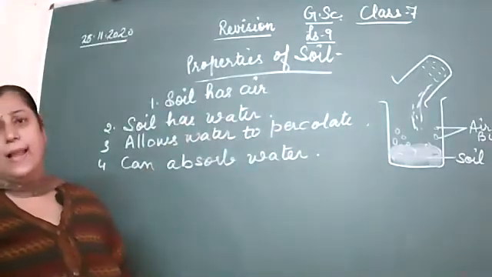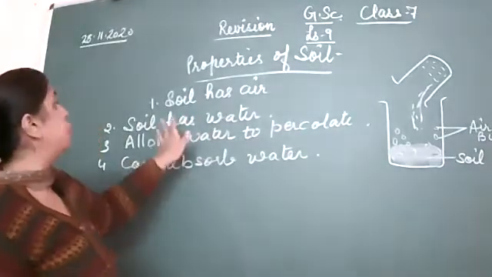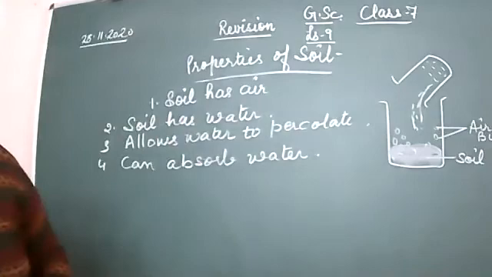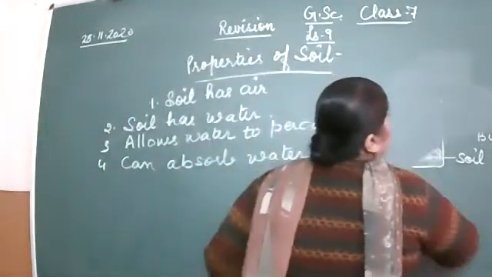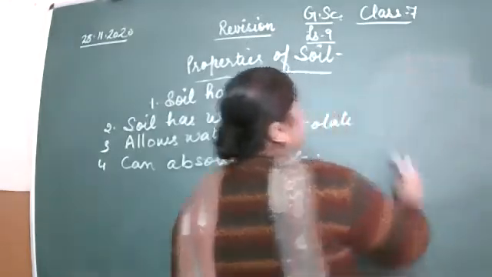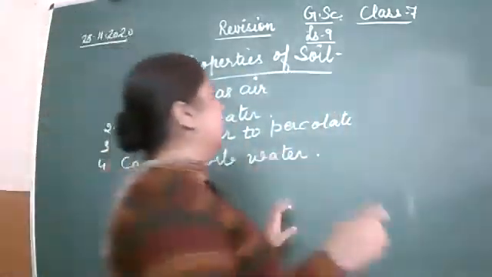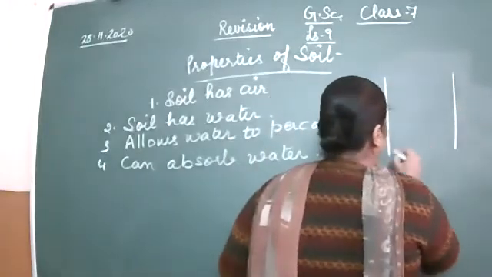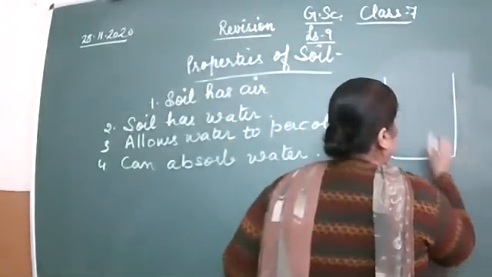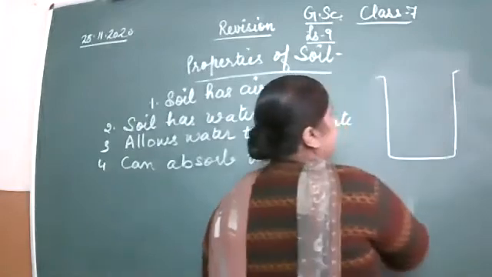Now next is soil has water. How to prove that soil has water also? Again, it is very simple. Take garden soil in a beaker, like I am taking garden soil in a beaker like this.